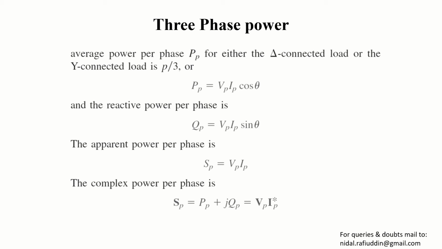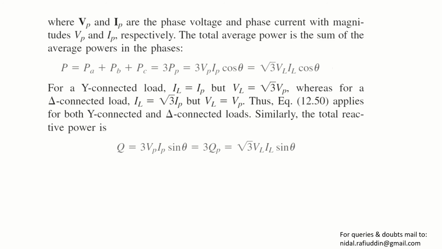Looking at the expressions for Pp and Qp, Vp Ip cos theta plus j Vp Ip sin theta, since cos theta plus j sin theta is the complex exponential, we can write this as Vp Ip conjugate, where Vp and Ip are the phase voltage and phase current with magnitudes Vp and Ip respectively. The bold letters represent the phasors, and the unbolded letters represent the magnitudes.